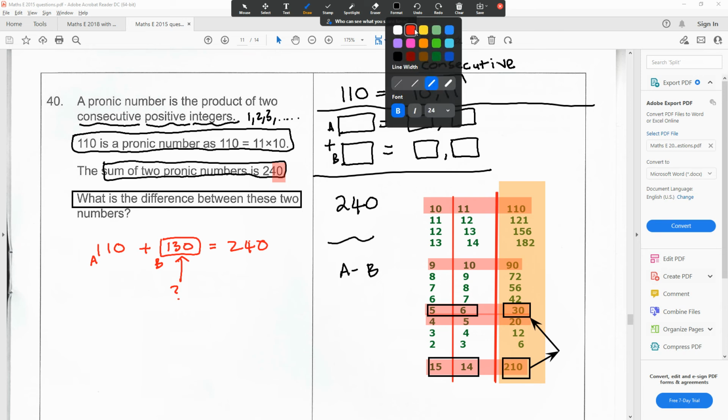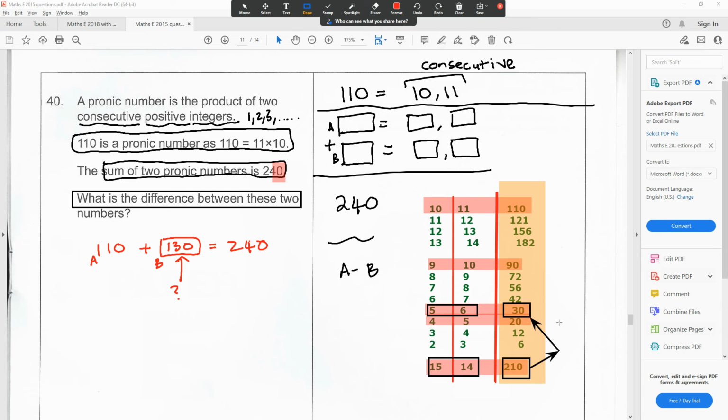What is the final answer there for the difference between the two? What's my answer there? 180, right? That'll be the difference. You can take 210 minus 30. The final answer here is going to be 180.